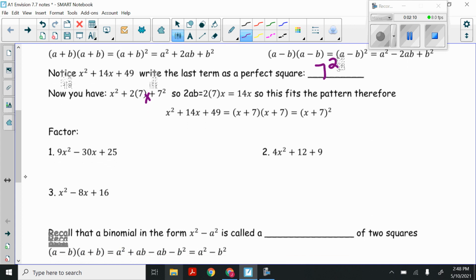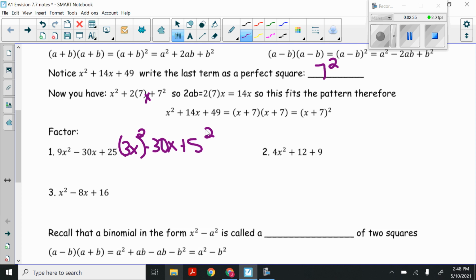So let's factor some of these. Number 1, 9x squared minus 30x plus 25. I notice that I could rewrite this as 3x quantity squared minus 30x plus 5 squared. 3x times 5 is 15x, and then if I were to double that, I would get 30x, okay?